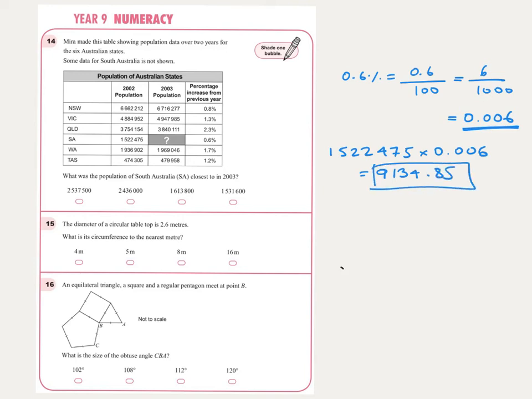Now you add this number onto the population here, and it's going to give you 522,475 plus approximately 3,100. So it's 153. It starts with 153.